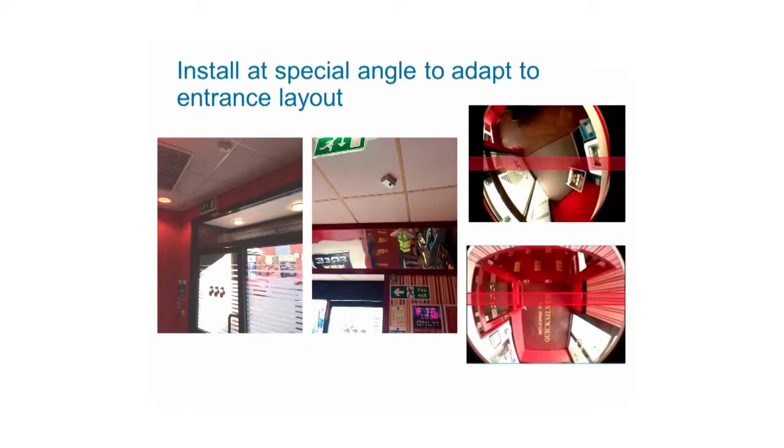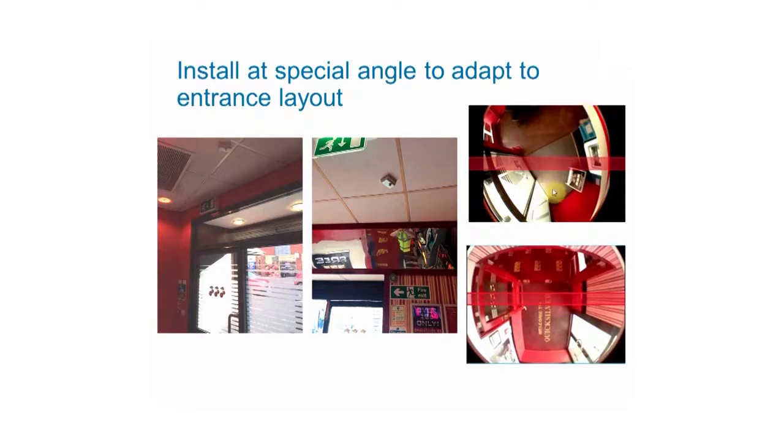Sometimes you might install it at a special angle to adapt to the different entrance layout. For example, in this picture, you will see that this camera is actually not installed parallel to the door as we would normally advise. It's actually at an angle. This one likewise. This is because for this particular door, the people will walk in from this door, and then they will go in that way.